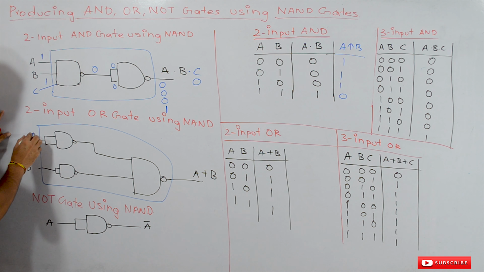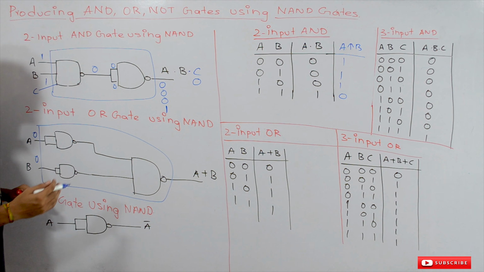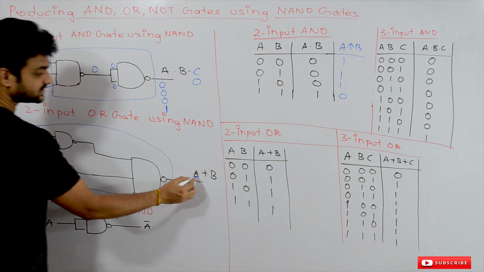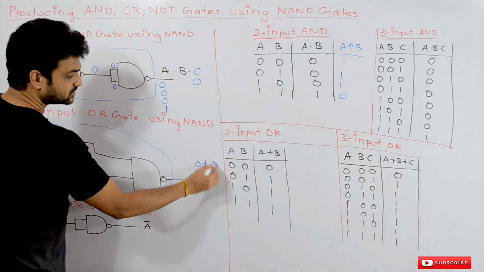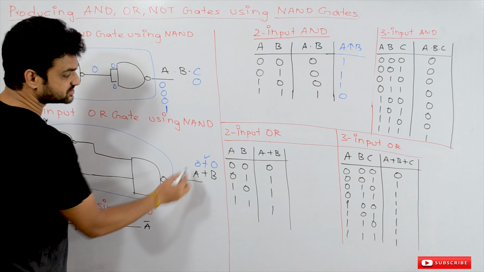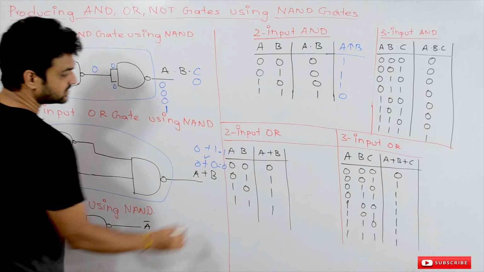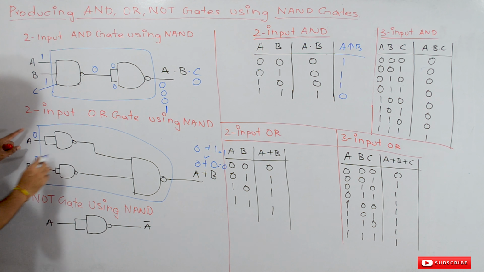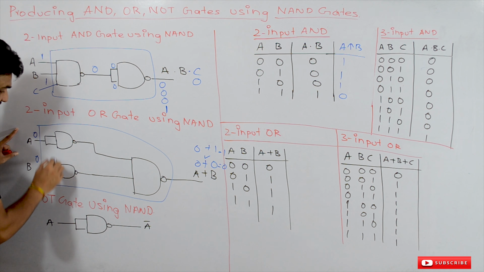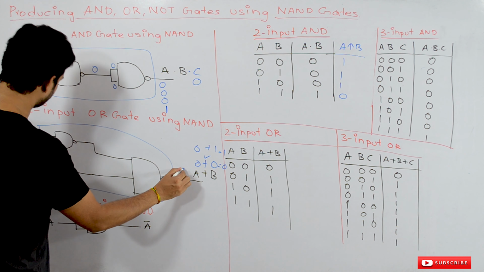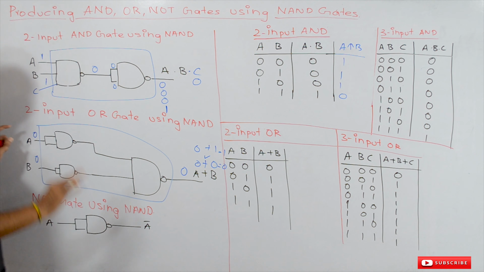Now if you take 0 0, what is the output for the OR operation? This is the symbol used for the OR operation. 0 plus 0 is equal to 0. 0 plus 1 is equal to 1. So these NAND gates have to give an output of 0. We will check whether it is producing 0 or not.